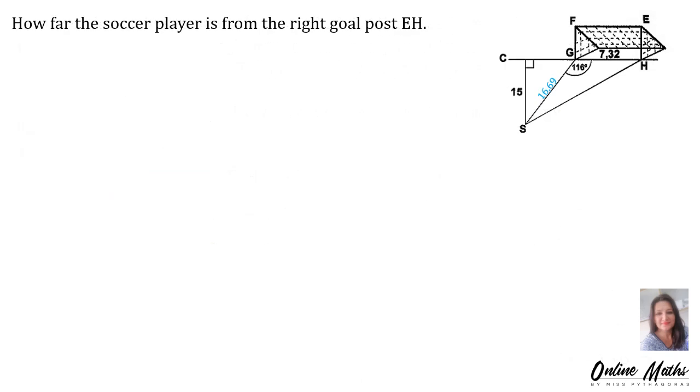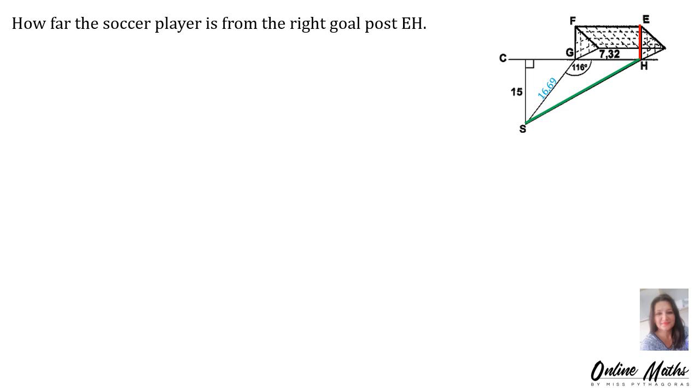The next question, how far the soccer player is from the right goalpost EH. Now there's EH. Can you see on the sketch, in the previous sum, I worked out the length of SG, so I added it on my sketch. Now, how far the soccer player is from the right goalpost EH, that means I'm working out SH's length.